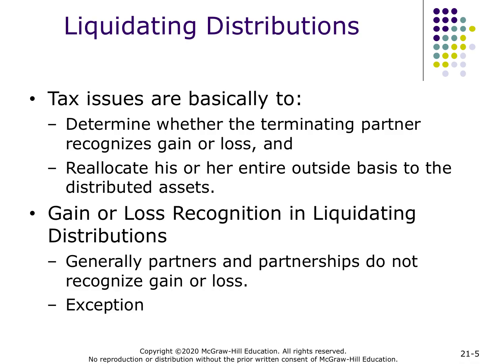Because remember, a liquidating distribution means that you are discontinuing your partnership interest. Okay? Kind of by definition. And so we got to figure out whether that partner is recognizing a gain or loss, and then we have to figure out how to reallocate that whole outside basis to whatever they received in that distribution.